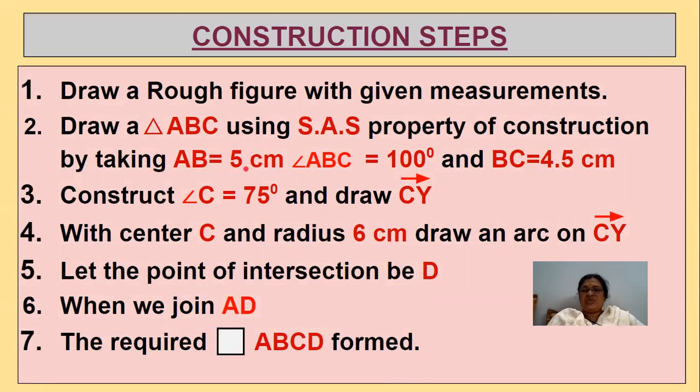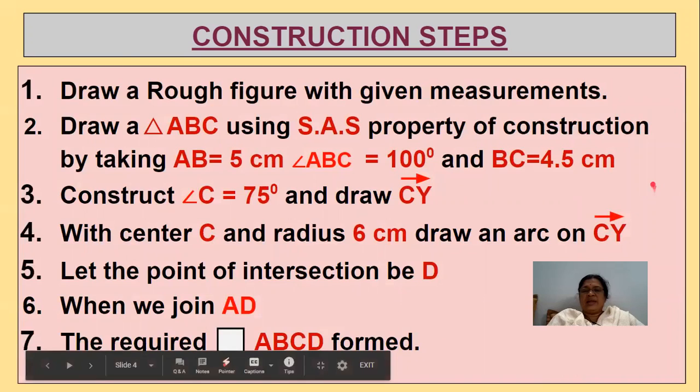That is, AB is known, 5 centimeters. The angle at B is 100 degrees and BC is 4.5 centimeters. And with the center C, you have to construct an angle of 75 degrees. Draw a ray, ray CY. With the center C and the radius 6 centimeters, draw an arc on the ray.